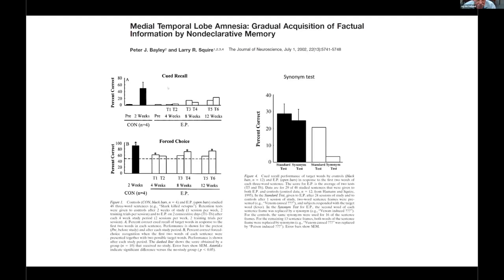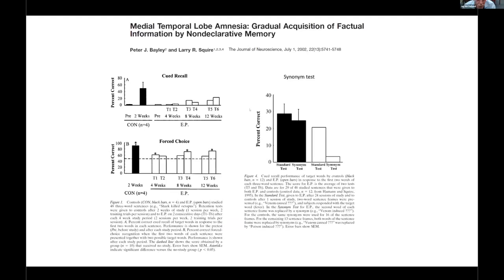But interestingly enough, the amnesic subject was also able to learn, not as well and with many more repetitions, but there is definitely some gradual buildup of performance in the amnesic patient over several repeated presentations. And that's also exhibited in a forced choice test.